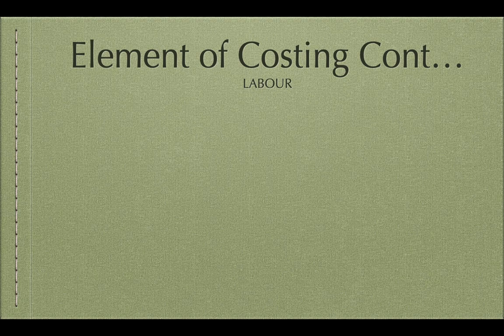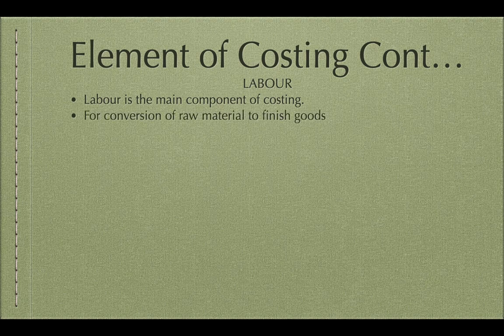The second and the most important part is labor. It is the most important component of costing. As you can see, labor is the main component of costing. For conversion of a raw material to a finished good, a human resource is required.